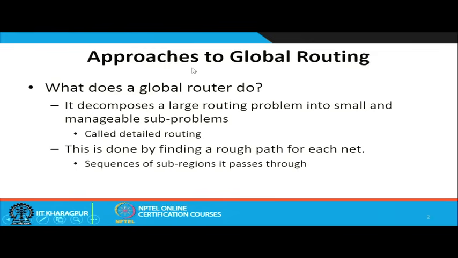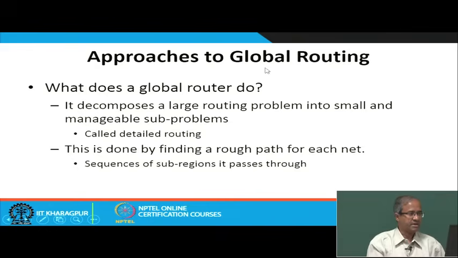Broadly speaking, this we have already discussed earlier in detail. Global routing, what does a global router do? It tries to manage the whole routing problem using a divide and conquer kind of approach.